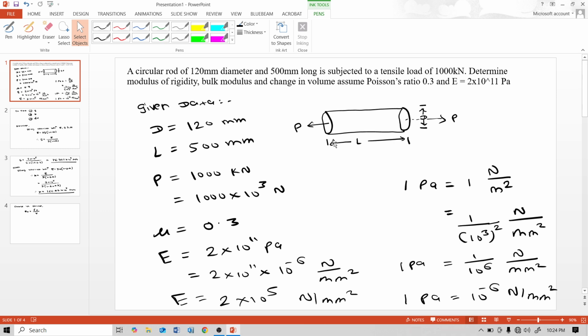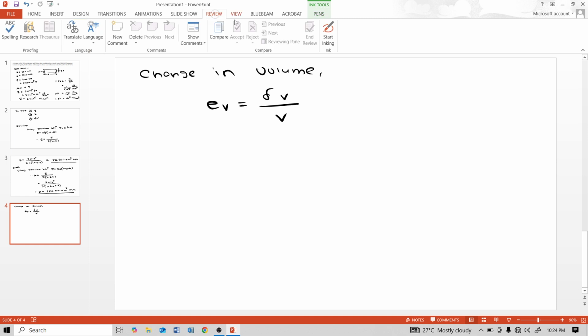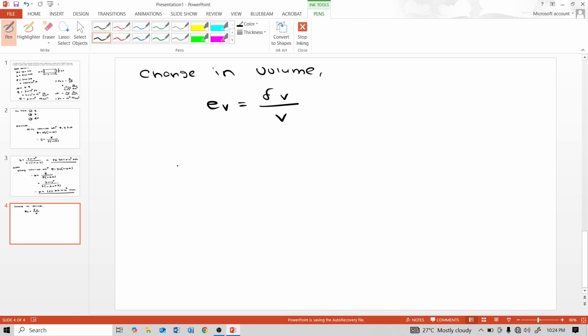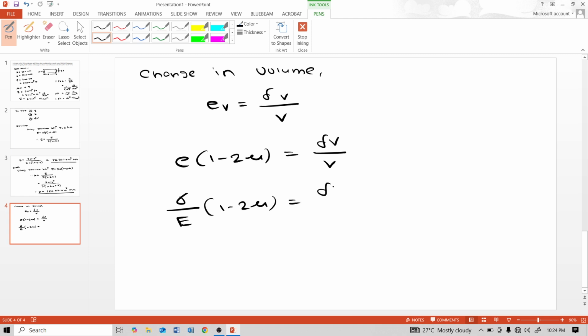Remember one of our past lectures, bar subjected to uniaxial stresses. In that derivation, we calculated the EV formula. EV is E in bracket 1 minus 2 mu, which is equal to change in volume to the original volume, and this E is nothing but the stress to the Young's modulus. Our objective of this step is delta V, the calculation of change in volume.